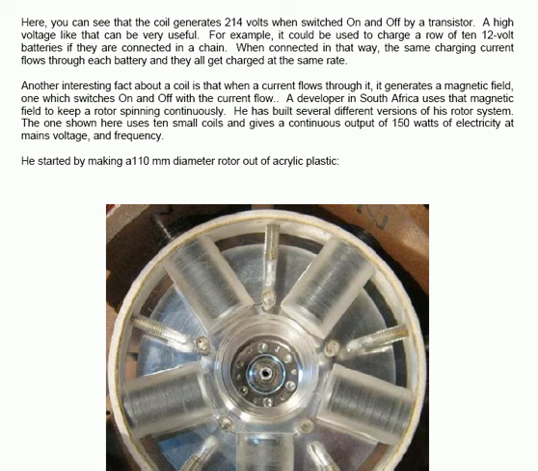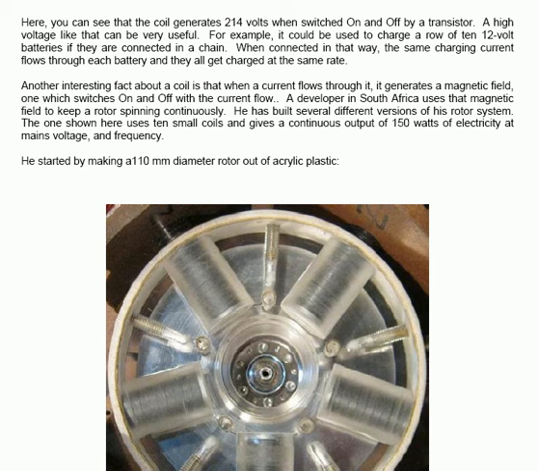Another interesting fact about a coil is that when a current flows through it, it generates a magnetic field. That magnetic field switches on and off with the current flow. A developer in South Africa uses that magnetic field to keep a rotor spinning continuously. He's built several different versions of his rotor system.